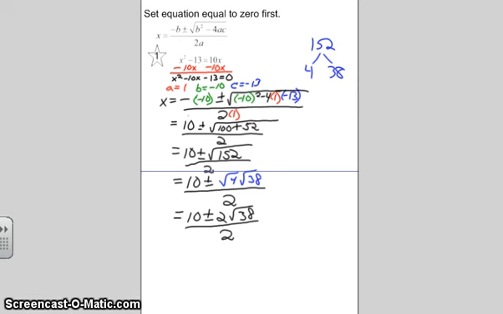And then there's a 2 on the denominator, so if both of those terms on the top can be divided by 2, I'm going to simplify that. So 10 divided by 2 is 5. And then 2 divided by 2 cancels, just bring down the 38. So this is considered to be the simplest form.